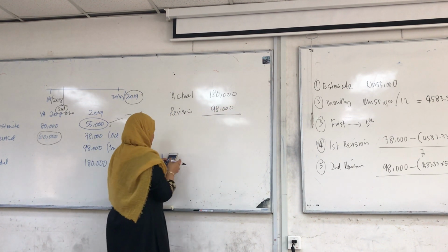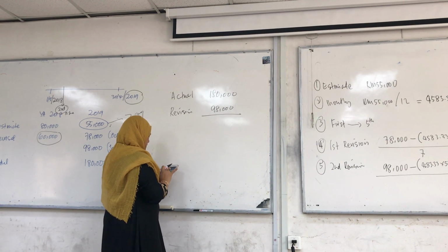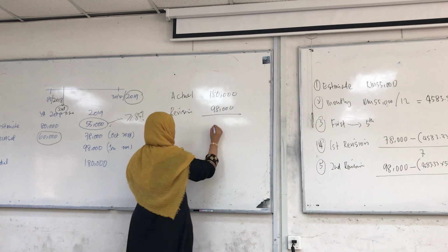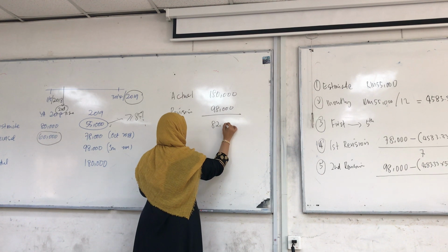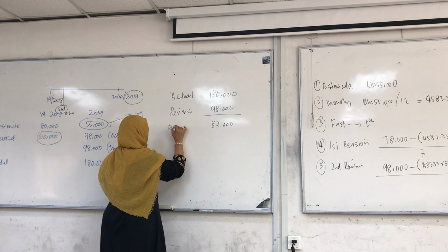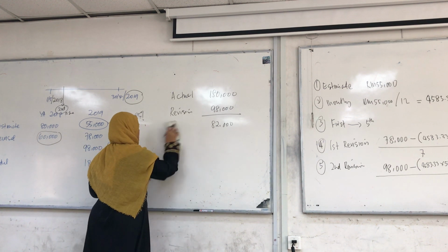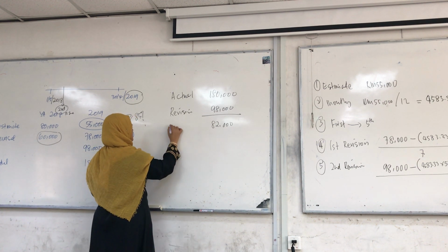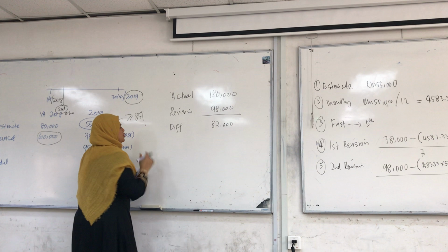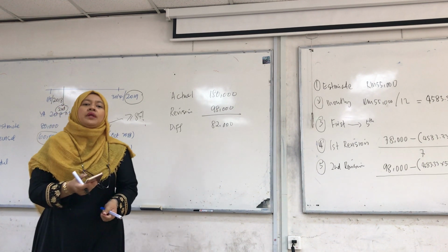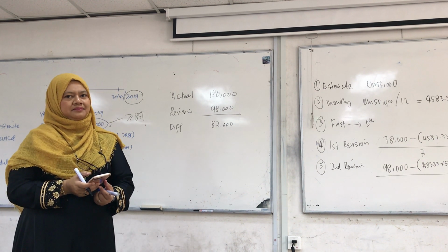So how much is the difference? 180 minus 98, 82,000. This one is what we call the difference between your actual and your revised. Will you be penalized?